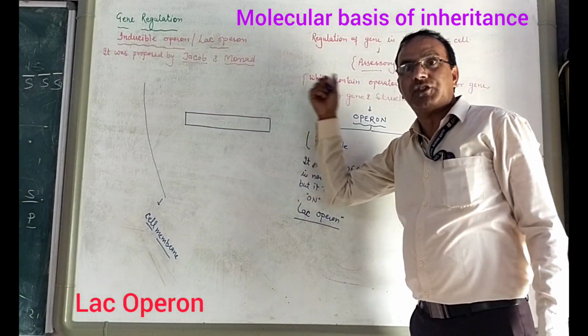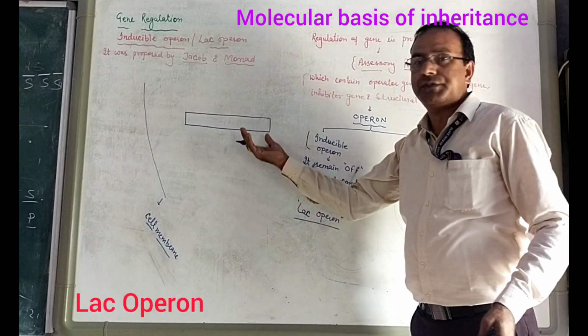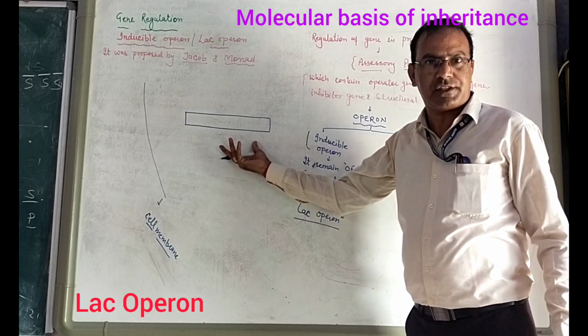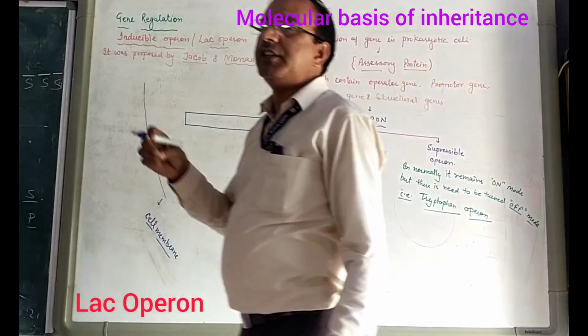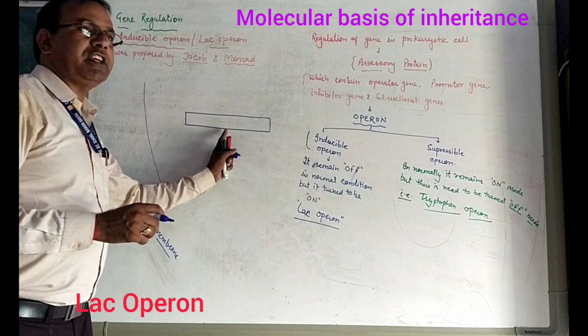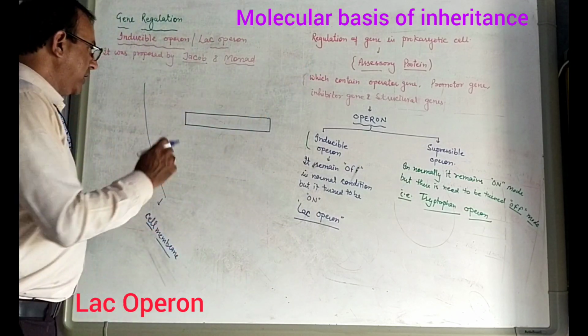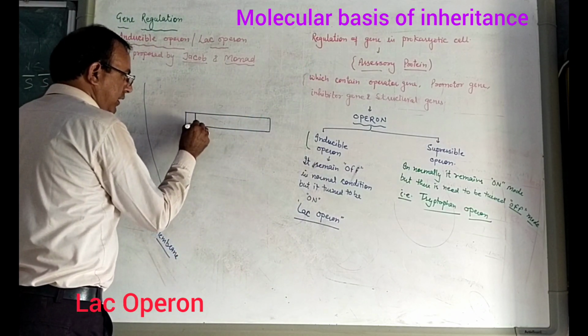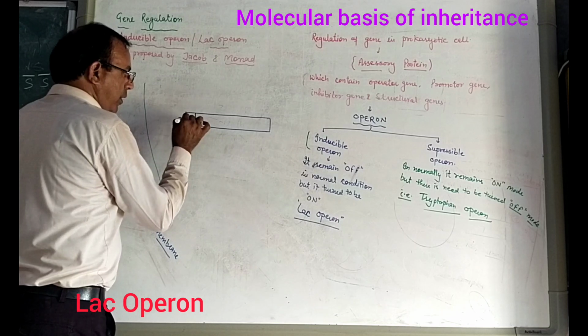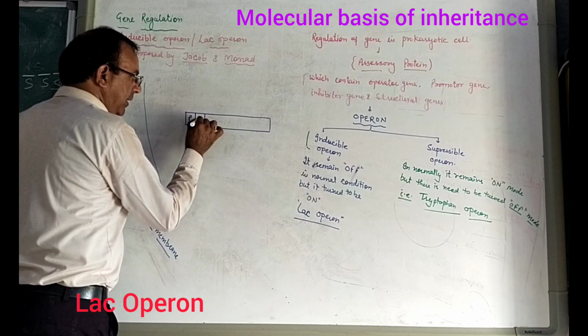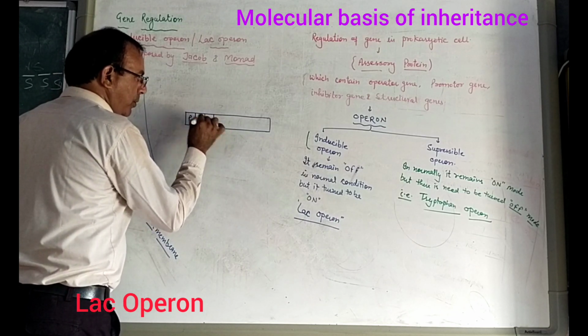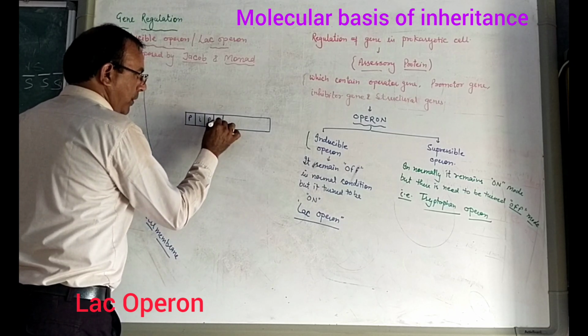One segment contains different types of gene, so we can say that it is polycistronic. How are these genes present? This DNA piece or accessory protein may consist of different types of gene: promoter gene with inhibitor gene, again one more promoter gene, and operator gene.